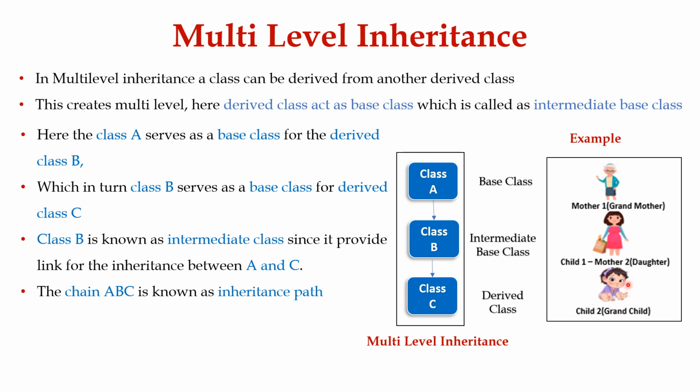So here the class child 1 acts as both child and mother, which is also called the intermediate base class. Hope you're clear on multi-level inheritance with this example.